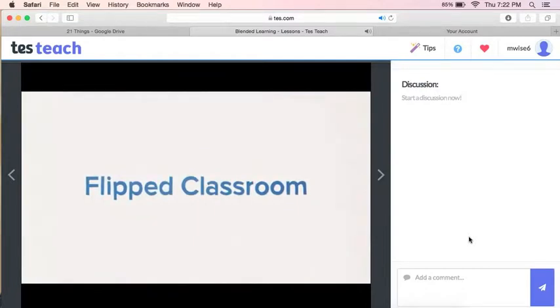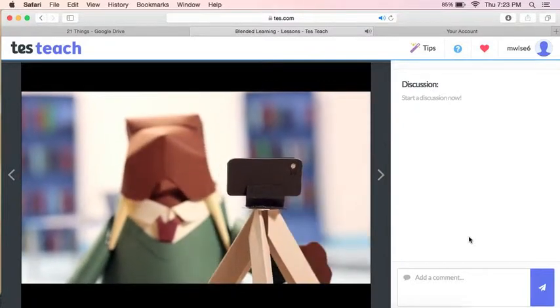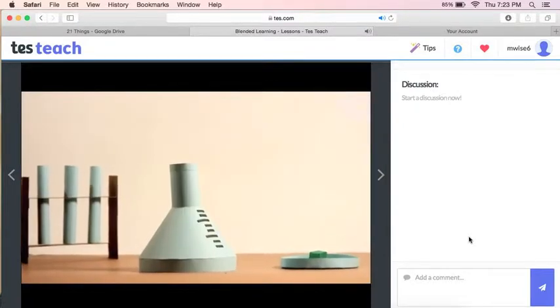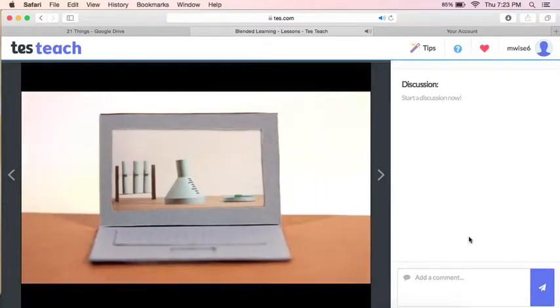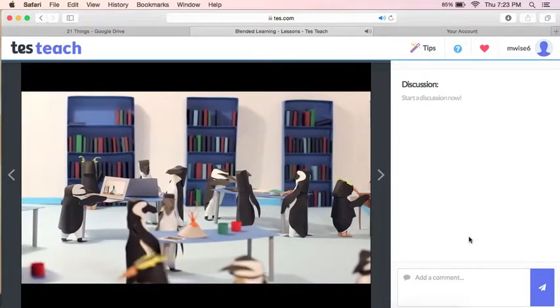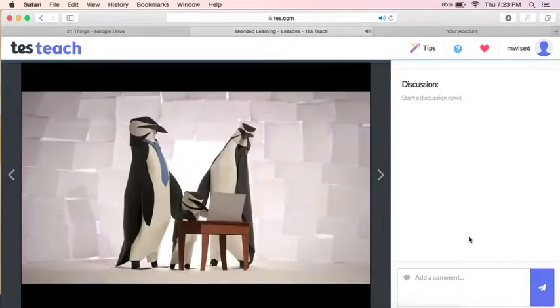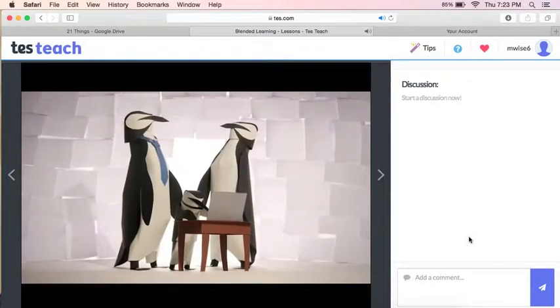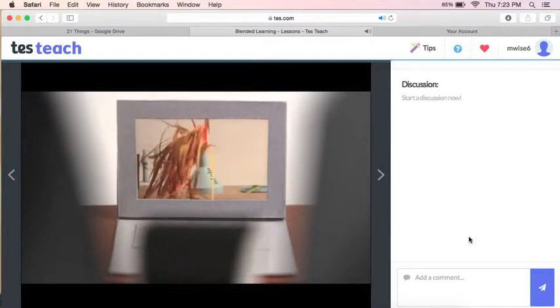The flipped classroom addresses these problems and makes learning more personal. First, the teacher makes a video that delivers the content they'd usually teach in class. Then they share it online with students who can watch it before the next lesson. This leaves the teacher free to spend class time leading activities that help students apply the knowledge. Students can rewind and rewatch a video as many times as they like and come back to class with questions for the teacher.